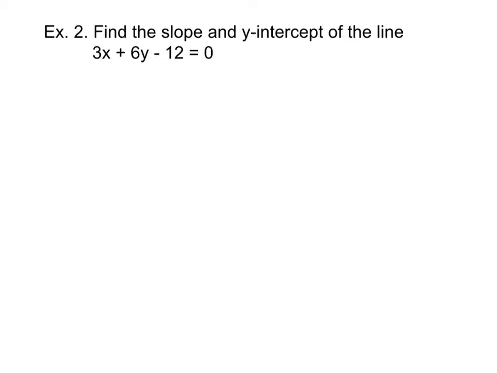Okay? So go ahead and take a minute, pause the video, and try to do the same thing with example 2. Find the slope and the y-intercept of the line represented by this equation. Okay? So again, we need to get y by itself. So we're going to subtract the 3x and we're going to add the 12, which leaves us with 6y equals negative 3x plus 12.